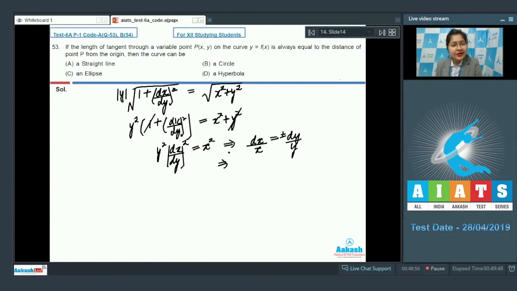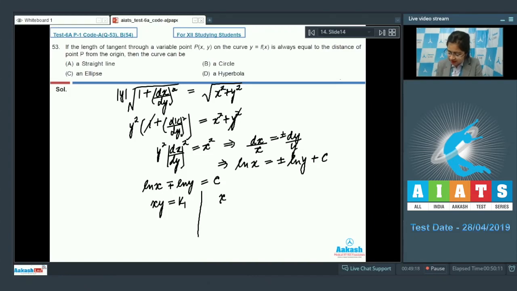Now if we take the integral of it on both sides, we will get ln x equal to plus minus ln y plus constant c. That is ln x minus plus ln y is equal to a constant. So we have two solutions from here, that is xy equal to k1 or x upon y equal to k2. So these are the two solutions.